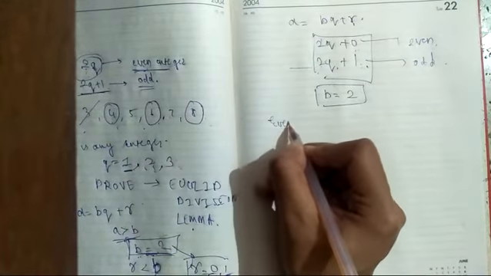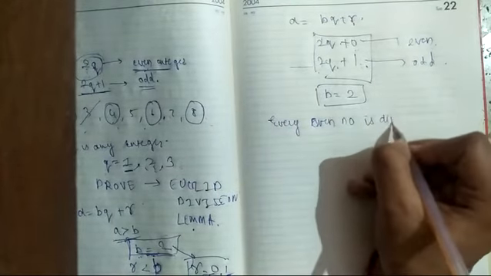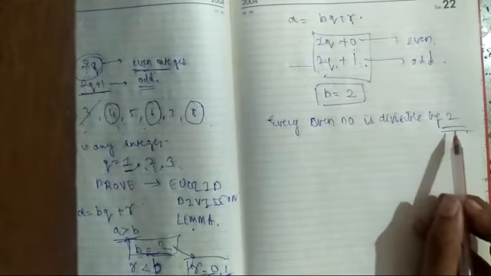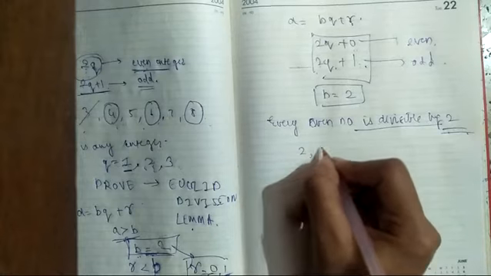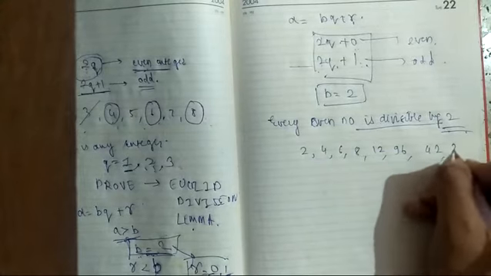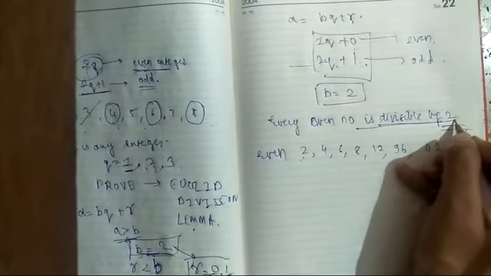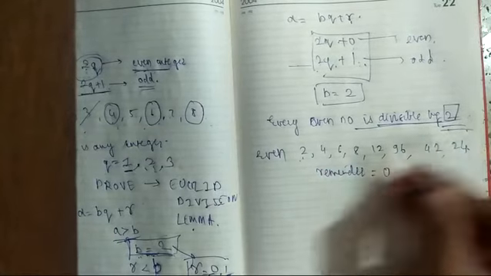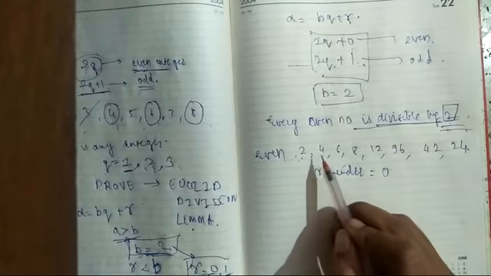We know every even number is divisible by 2. 2, 4, 6, 8, 12, 96, 42, 24, all these numbers are even numbers which can be divided by 2 and we get remainder 0. 2 divided by 2 is 1, remainder 0. 4 divided by 2 is 2, remainder 0.